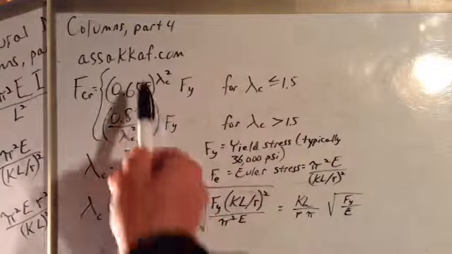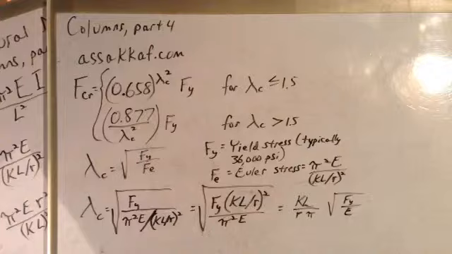The author of this website uses a, quote, recommended design K of 0.65 for fixed instead of 0.5, 0.8 for fixed pin instead of 0.7, 1.0 for pin, which is the same as the original 1.0 that the other guy used, and 2.1 for columns with one end free, 2.1 instead of 2.0.